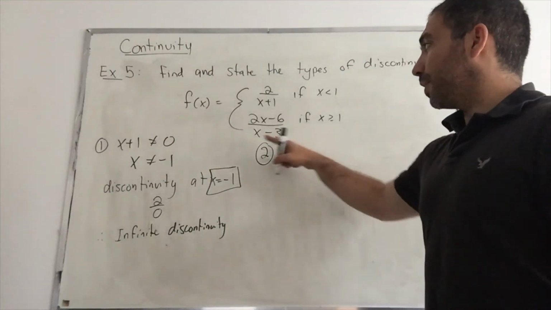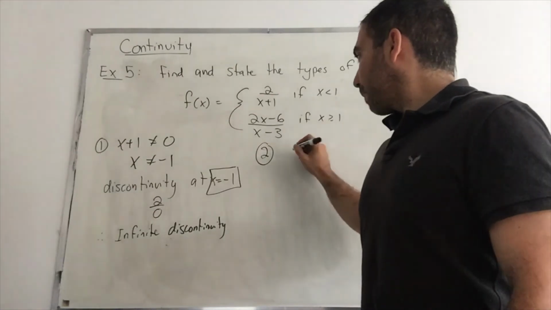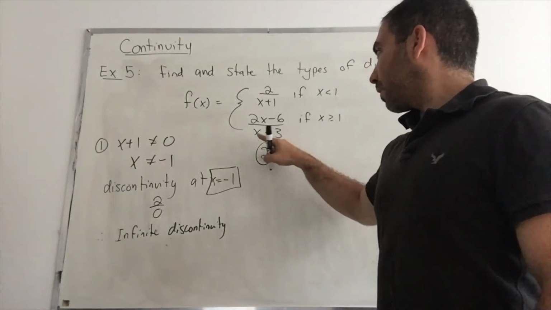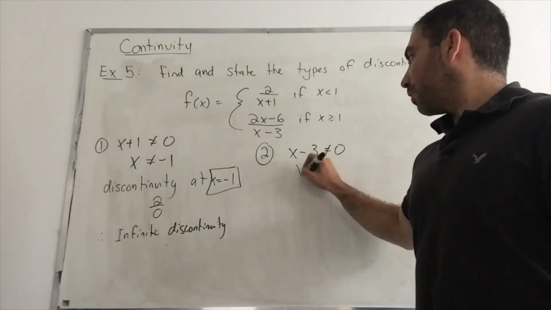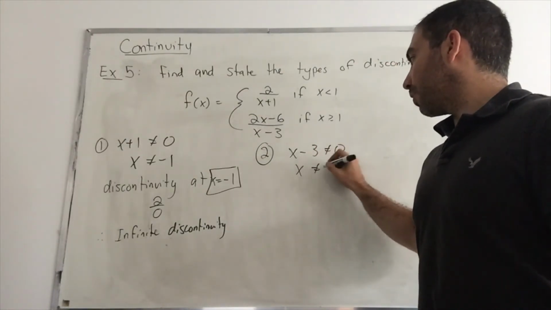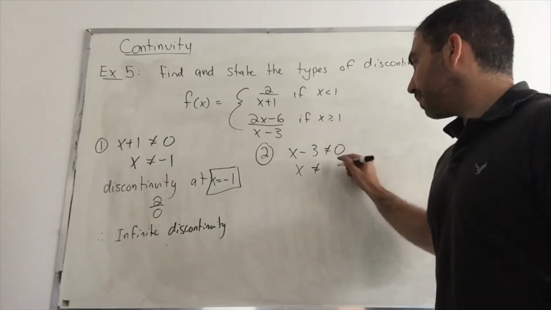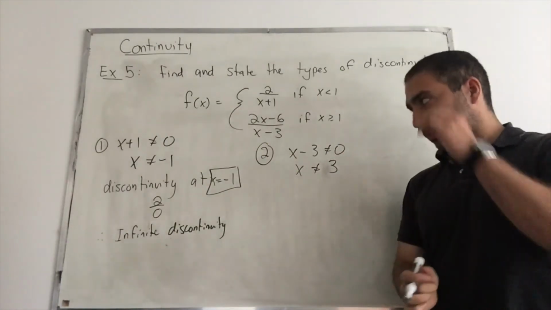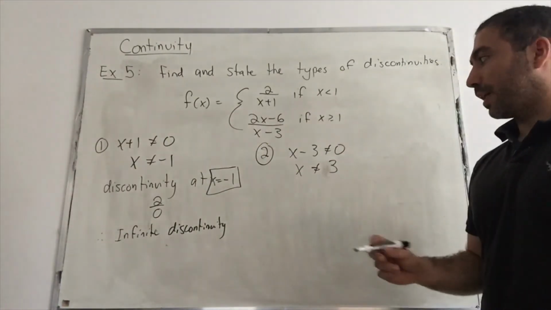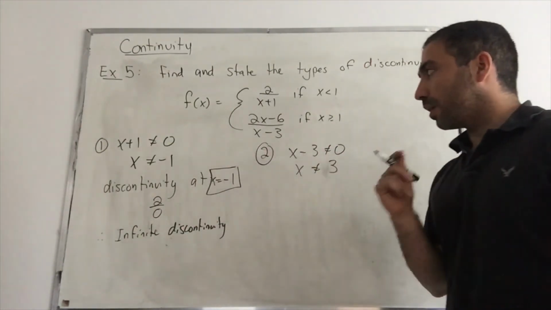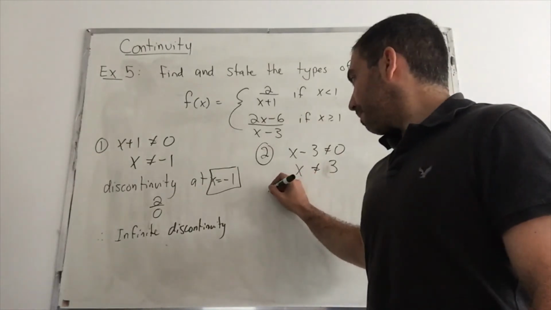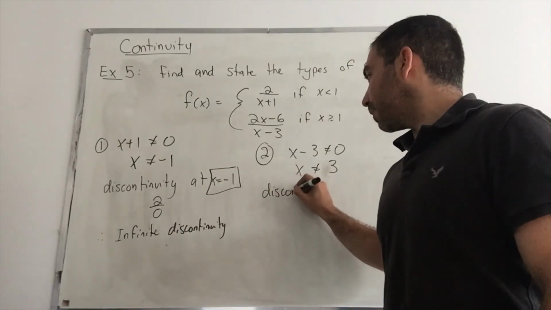Here, the denominator is x minus 3, so x minus 3 cannot be 0. So bringing the negative 3 over, you get x cannot be equal to positive 3. That's an issue. Okay, so again, how do we know if it's infinite or if it's removable? We plug it back in.